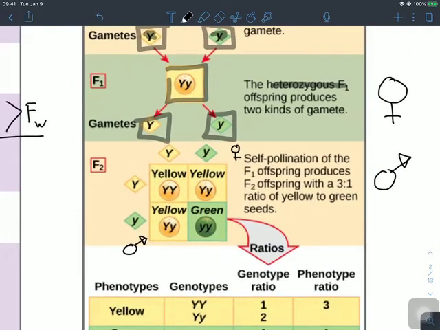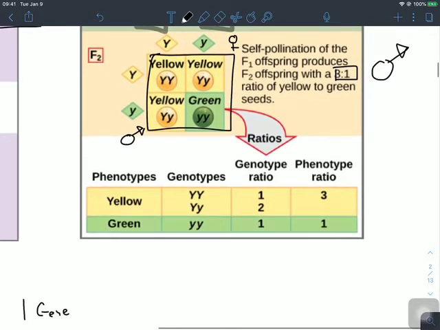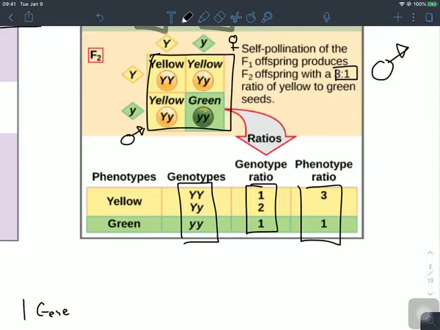We know that the self-pollination produces F1 offspring. Self-pollination of the F1 offspring produces F2 in a ratio of 3:1, based on this Punnett square. And then we can see the ratios of the genotypes and the phenotypes at the end. So you will be performing these ratio comparisons throughout your different example problems.